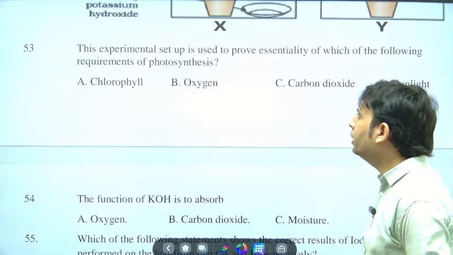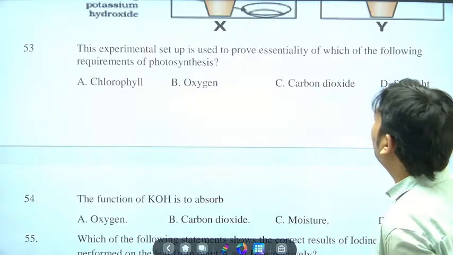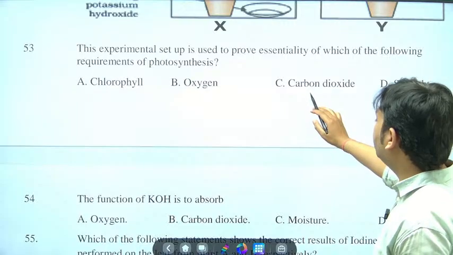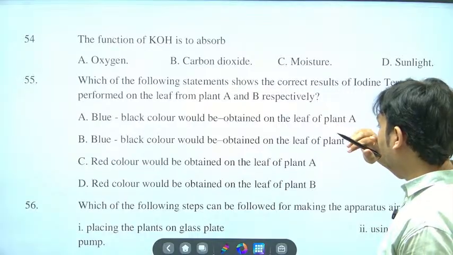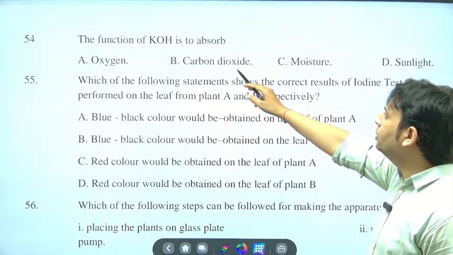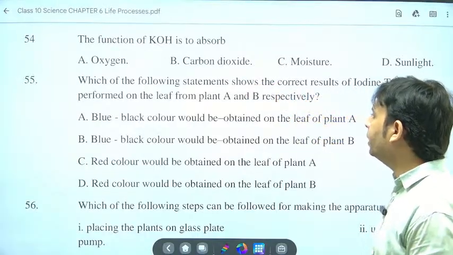This experimental setup is used to prove essentially which of the following requirements of photosynthesis. The answer is carbon dioxide, and the function of potassium hydroxide is to absorb carbon dioxide.